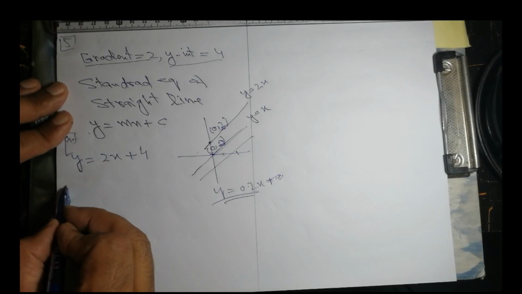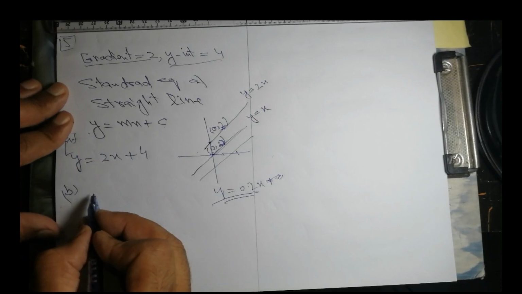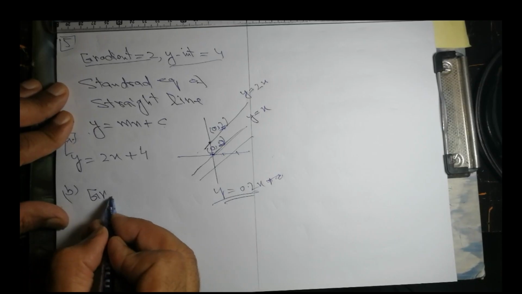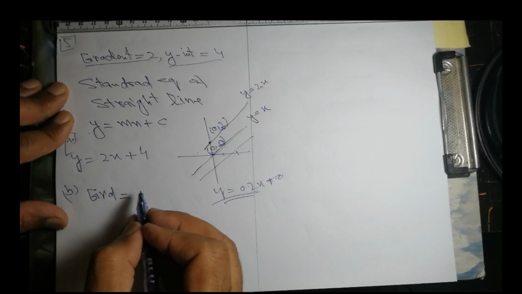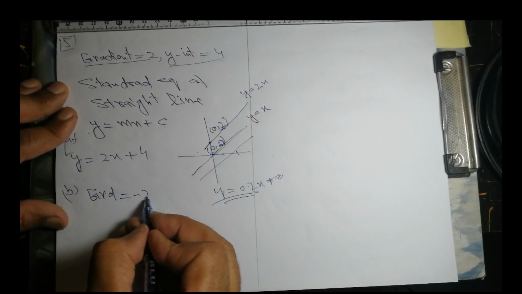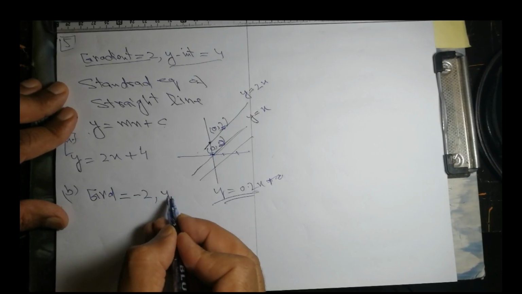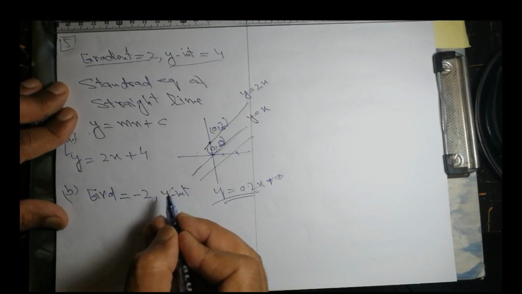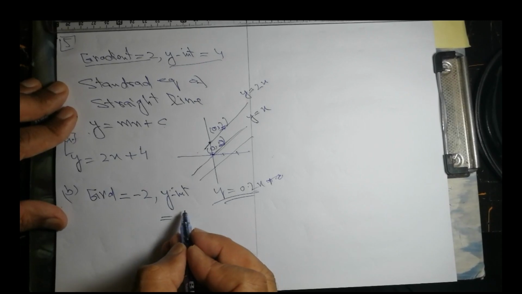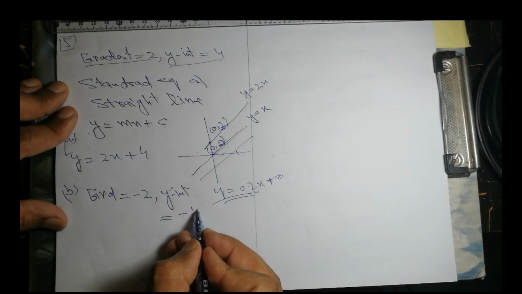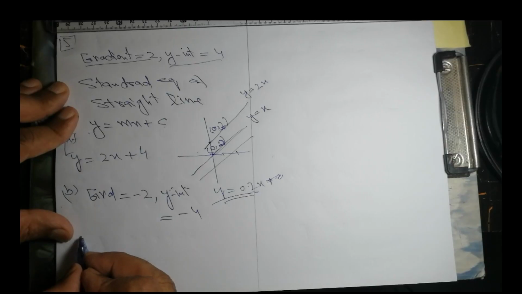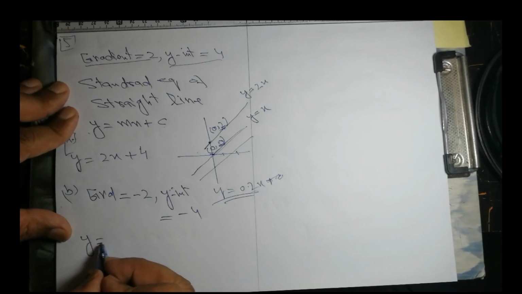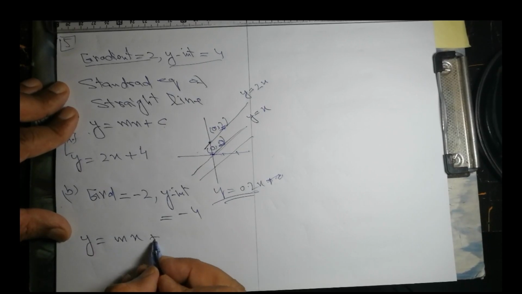And now part B. The gradient is given, gradient equal to minus 2, and the y-intercept is given, minus 4. The standard equation is y equal to mx plus c.